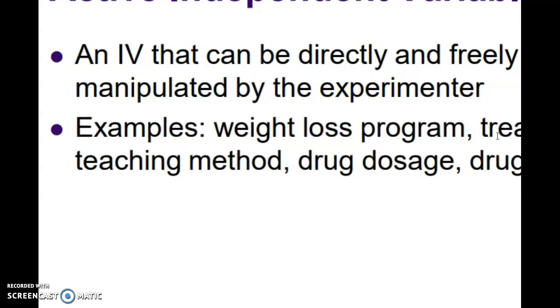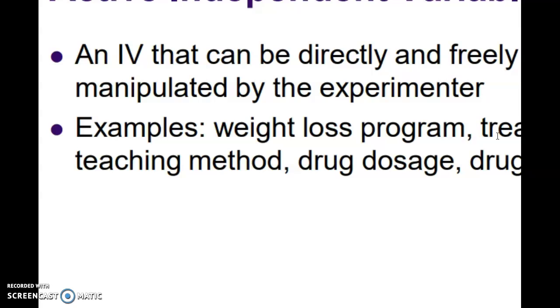And so active independent variables are those that can be directly and freely manipulated by the experimenter. For instance, if you're doing a weight loss study, you could control the diet of the people. Let's say, how does diet impact the weight of a person? Then we could control the diet.